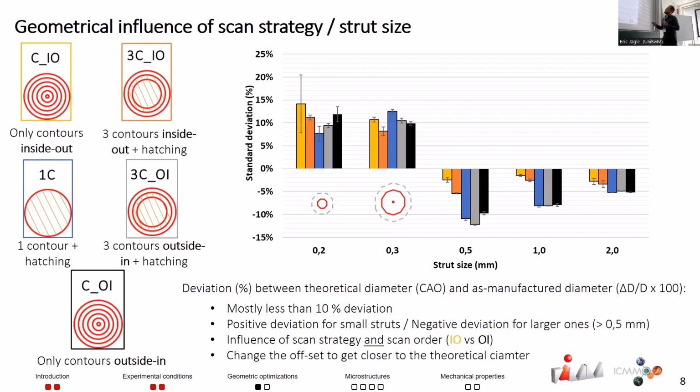And you also have to understand that all the strategies here are actually made with only one contour, so all the things that you see here is the same strategy. This is why it's pretty close and there's not really trends between all the strategies. So this gives us information on how to change the offsets to get closer to the theoretical diameter.